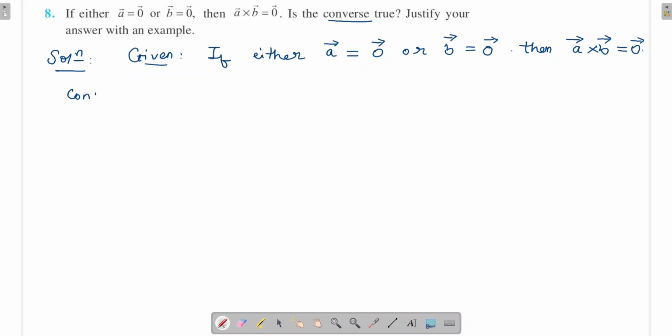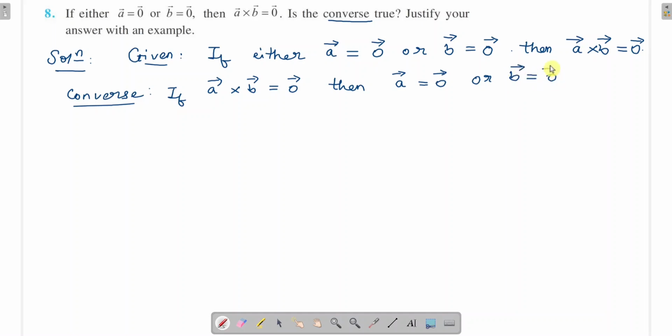So converse means just a reverse statement. Okay, so we have to write this first. So if this happens, then this will happen. That is the converse statement. If a bar cross product b bar is 0 bar, then a bar is equal to 0 bar or b bar is equal to the 0 vector.